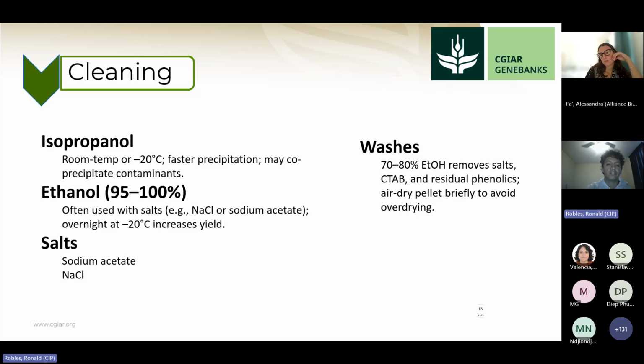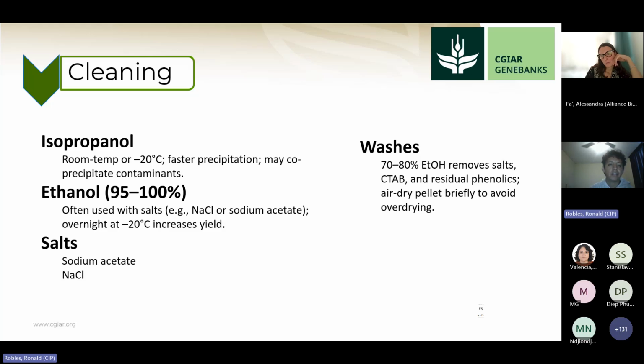So the addition of this molecule will break the bond between the CTAB and the DNA. The result is that the DNA will precipitate, and to help this precipitation, we use isopropanol at lower temperatures to accelerate the precipitation of DNA.